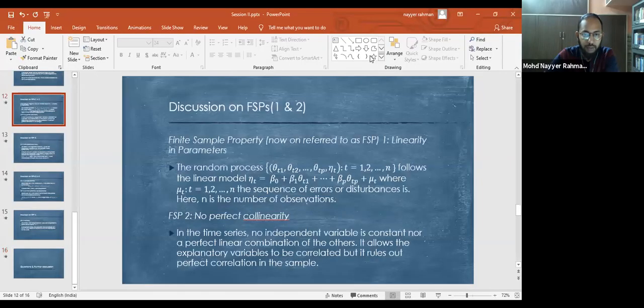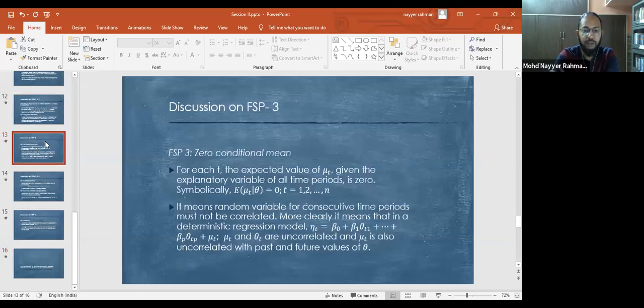Okay. So first, go back to the third property. He wants to ask a question on the third property, that is zero conditional mean. I told you, in order to understand that, first of all you need to study conditional mean. What conditional mean is: we have different samples. In one sample, we have two series, suppose. First 10 observations, second 10 observations. We have a mean of the first 10 observations, and a mean of the second 10 observations.